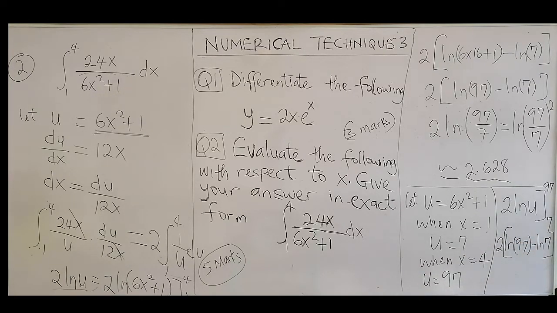Okay? And the final conclusion, that will be 2 ln (97 over 7), if you use the logarithm rules. So when you subtract ln or logarithm, it will be division. Okay? So that's on that question.